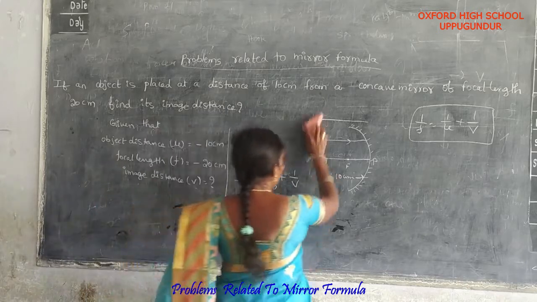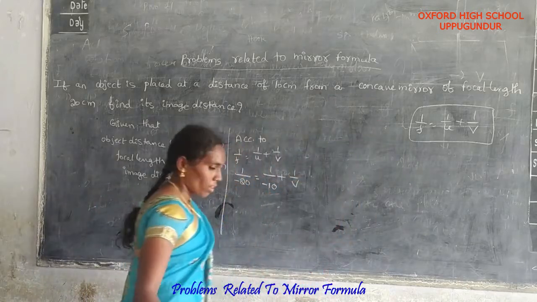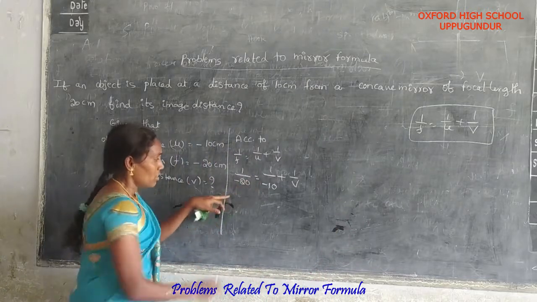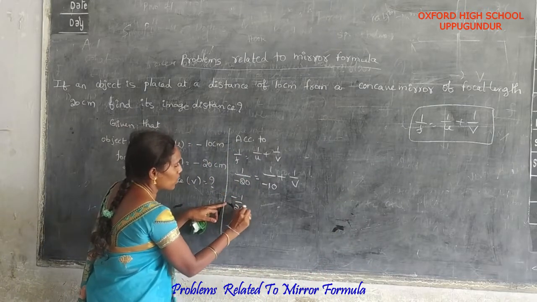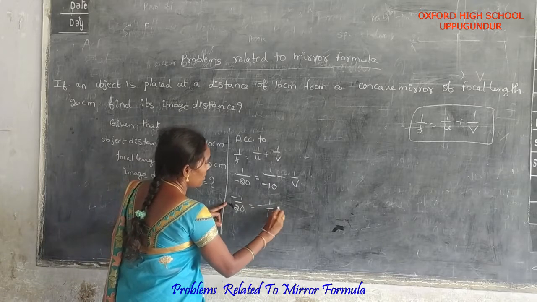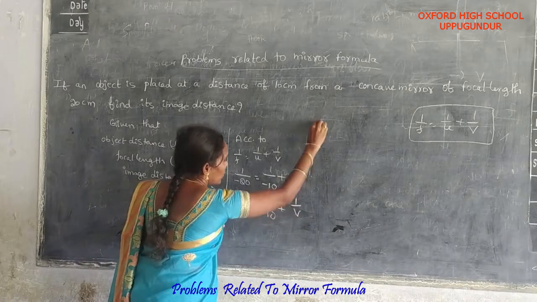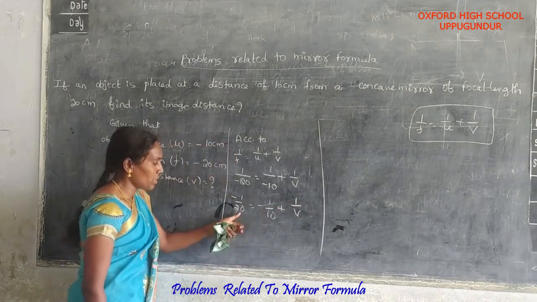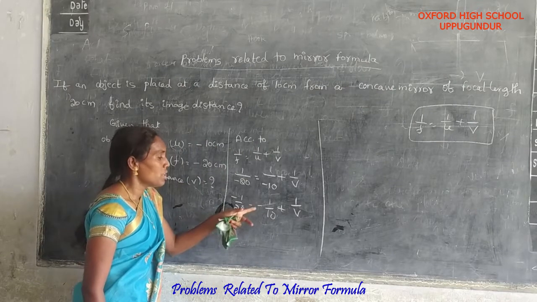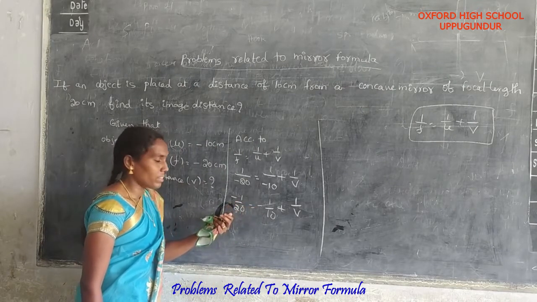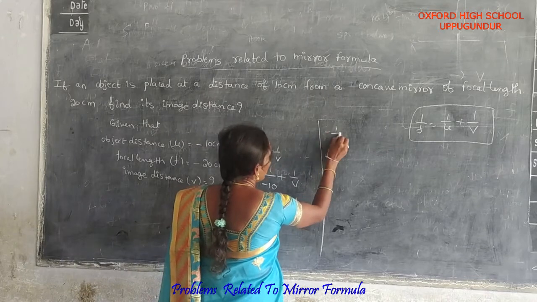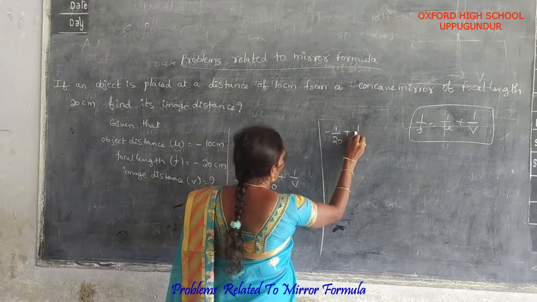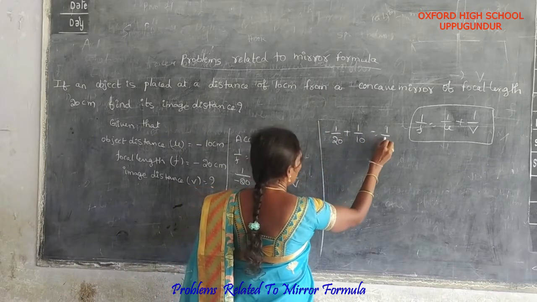Here this should be written as minus 1 by 20 is equal to minus 1 by 10 plus 1 by v. The minus 1 by 10 term on the right side moves to the left side and becomes plus. Here minus 1 by 20 plus 1 by 10 is equal to 1 by v.